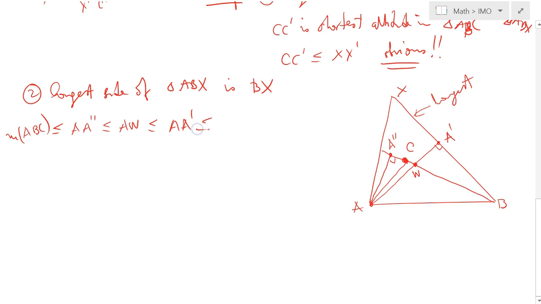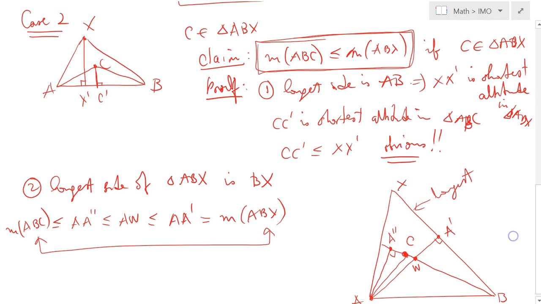And AA prime, because this is the longest side, is equal to the shortest altitude of ABX. That immediately implies the claim again, right?